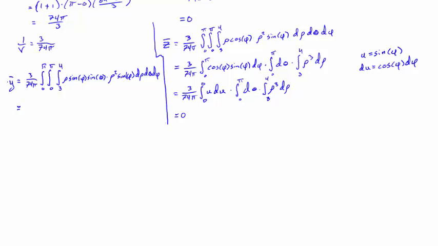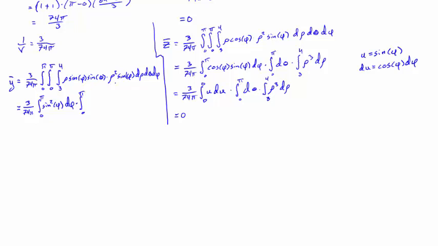So this now equals 3 over 74 pi. And then our phi's, we've got a sine squared phi, which we're going to use a double angle formula on, times the integral from 0 to pi.